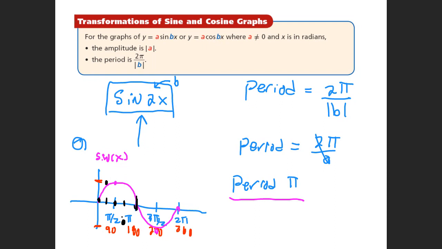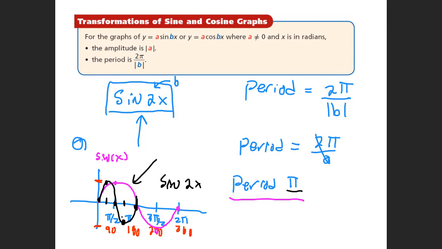So now my graph is going to look something like this. See how if I could just take the left or the right hand side and scoot it in, that would be my new graph. The black one is the sine of 2x. I just graphed it because it has a period of pi. So it's just squished, right? Exactly. So that is what the period does.